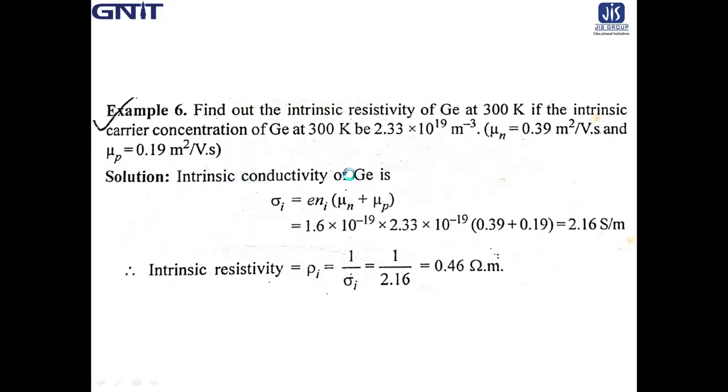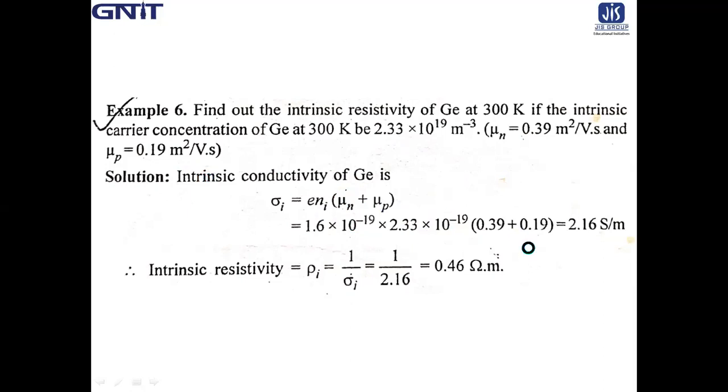Therefore, the intrinsic conductivity of germanium, sigma i, we already know is e ni into (mu n plus mu p). The electron charge is 1.6 into 10 to the power minus 19, ni is given as 2.33 into 10 to the power 19, and mu n and mu p are also given, that is 0.39 and 0.19 meter square per volt second.